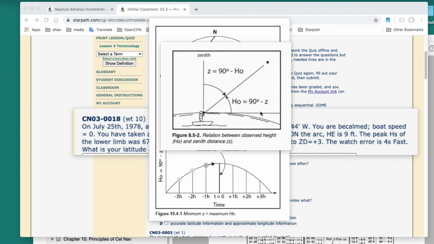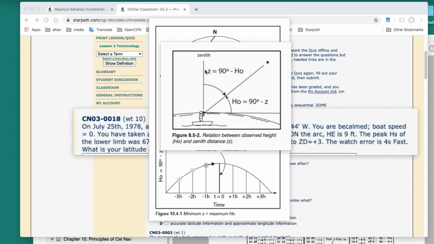Here's HO. You measure this with a sextant from the horizon up to the star or sun, from the horizon up to here. That's called H, or in this case HO, some sextant height, and this is with corrections. And then the distance from here down is called the zenith distance, and these two sum to 90 degrees.